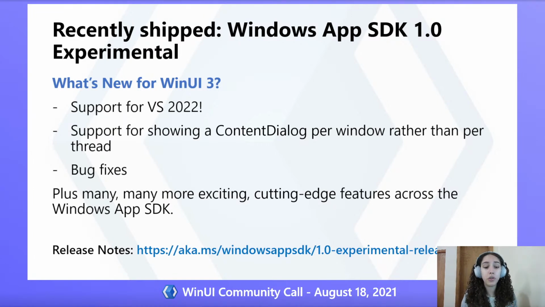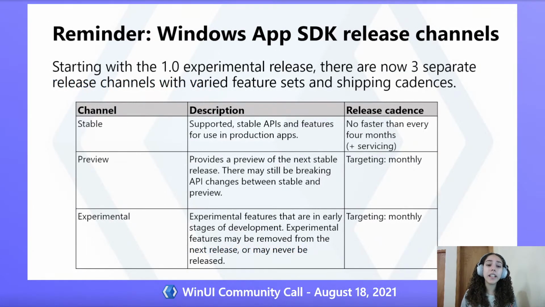So that's a new feature you can try out. We also have a couple of bug fixes, pretty important ones that you might want to take into your app. And there are also many more exciting cutting edge features across the whole Windows App SDK. So I would definitely take a look at our release notes to get a breakdown of what's new in WinUI 3, as well as what's new across the Windows App SDK, because there's just a lot of cool stuff to check out.